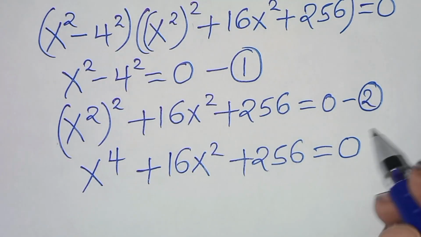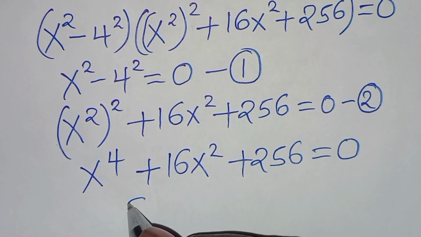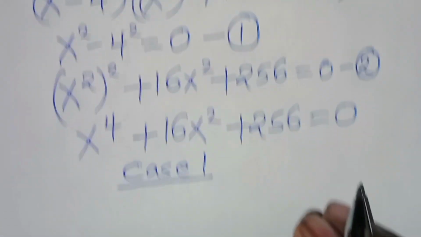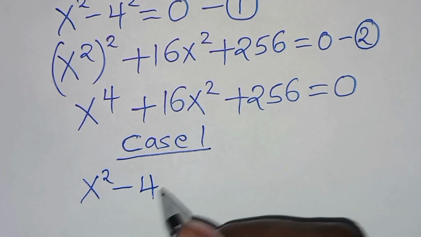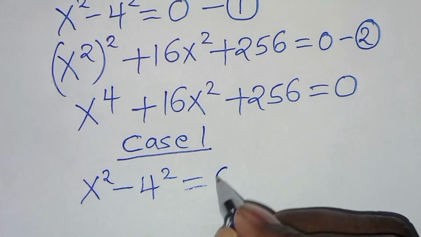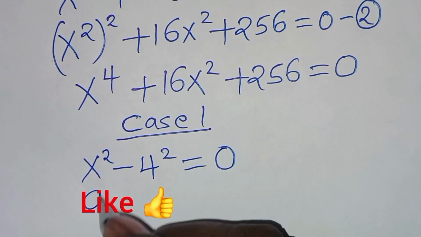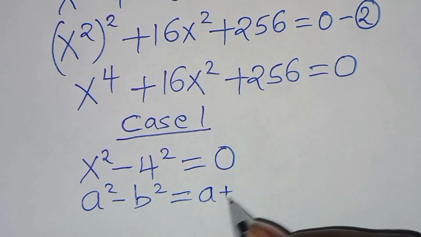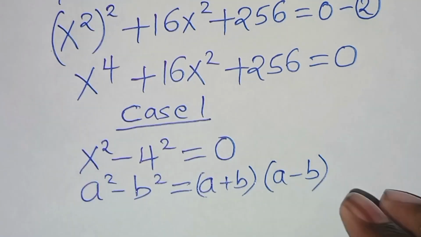Now, let's start with equation 1. Now, from equation 1, you can call this case 1 here. We have x squared minus 4 squared. This is equal to 0. Now, this is actually in the form of a squared minus b squared, which you can express as a plus b and a minus b.